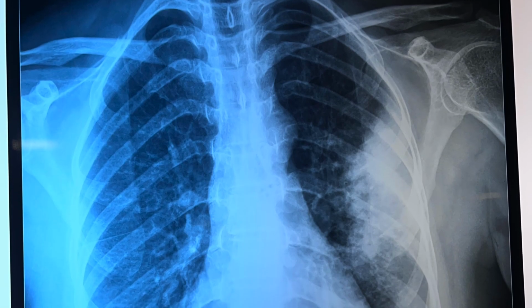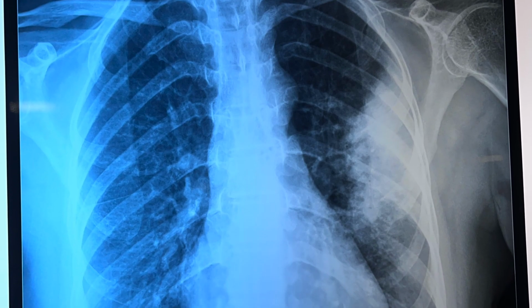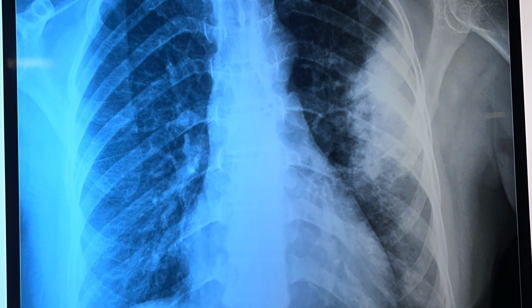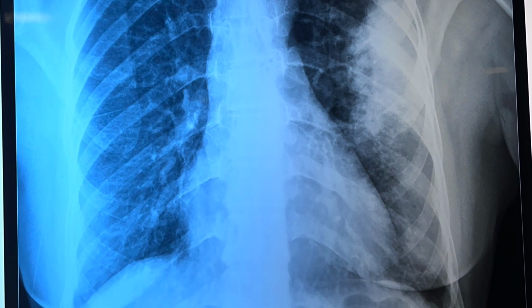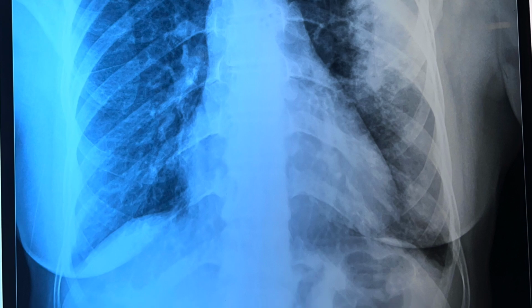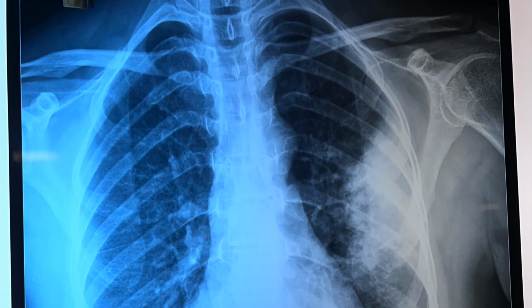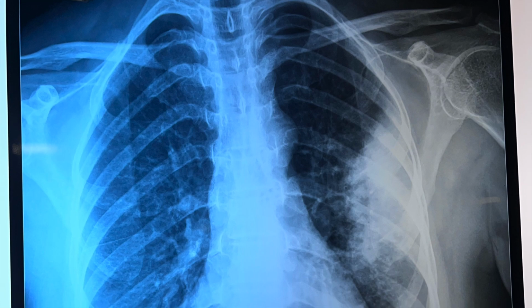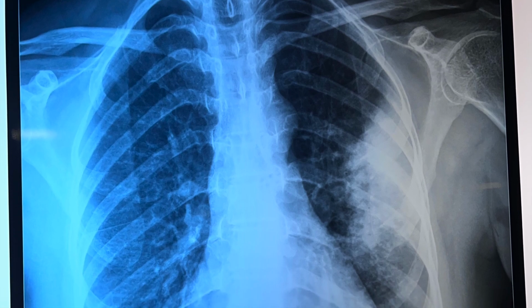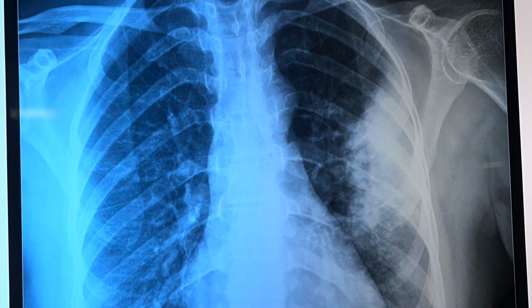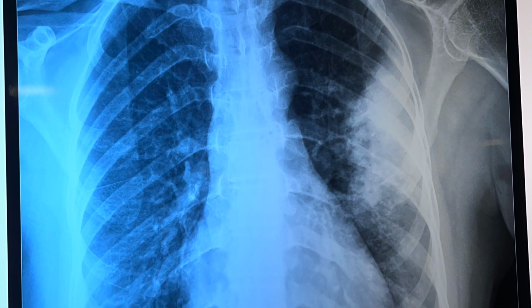This X-ray shows an opacification in the left upper zone and mid zones, and it is convex in shape and it's abutting into the pleural wall. So this could be a consolidation, or it could be a loculated pleural effusion. It could even be a mass arising from the pleura.